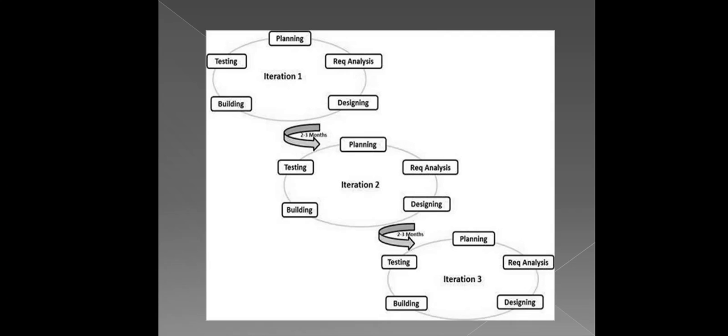The most popular agile methods include Rational Unified Process, Scrum, Crystal Clear, Extreme Programming, Adaptive Software Development, Feature Driven Development, and Dynamic System Development Method. All these are now collectively referred to as agile methodologies.